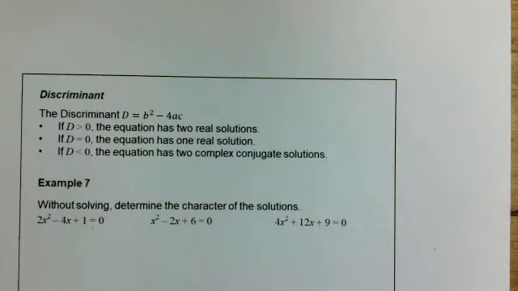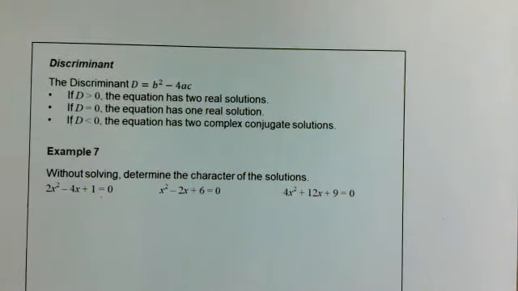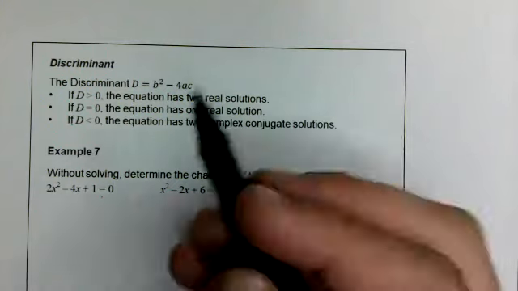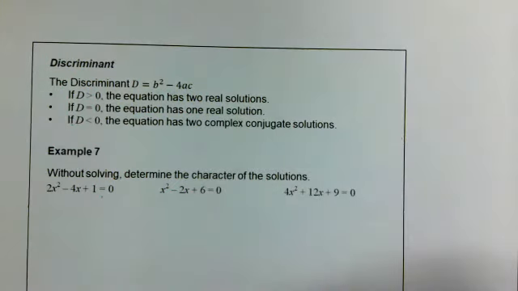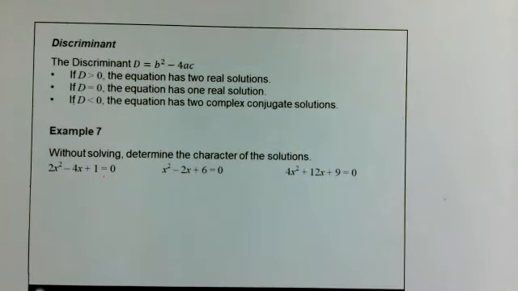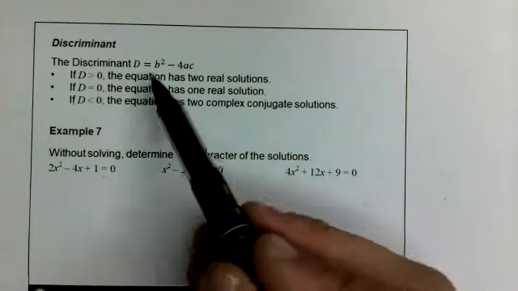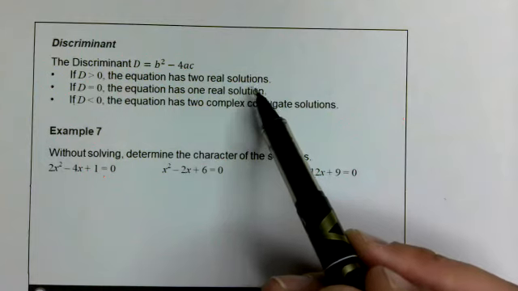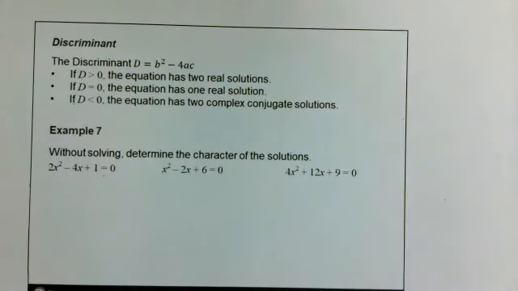All right, the last piece, it's quick. It's called the discriminant. The discriminant is actually part of the quadratic formula, and it tells you how many solutions your quadratic equation will have, okay? So if you just take b squared minus 4ac, if that number is greater than 0, there are 2 real solutions. If that number is equal to 0, the equation has 1 real solution.